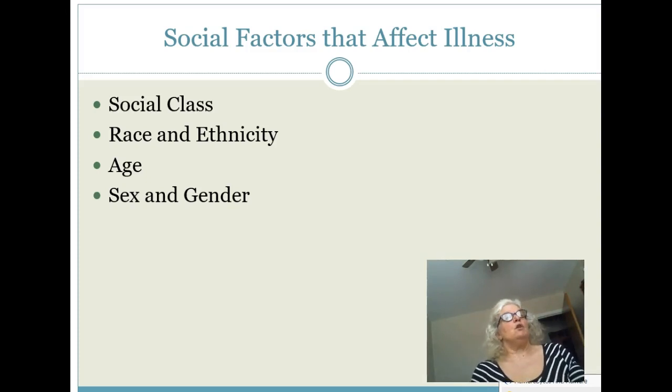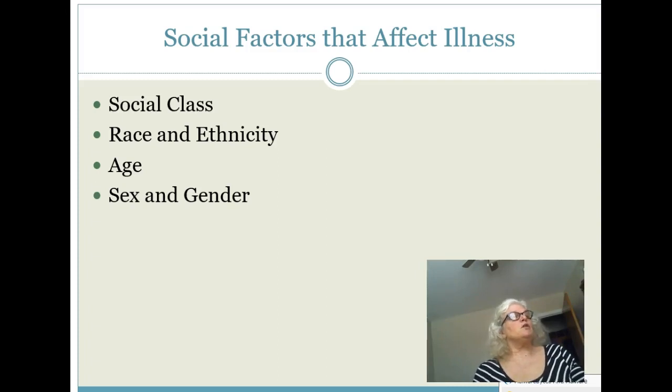However, when we look at the direct effect on illness, we can see that these three issues, social class, race and ethnicity, and age, sex and gender, are a vital part of what does affect illness. Social class refers to a person's position within society, the economic and social hierarchy that they fit in.